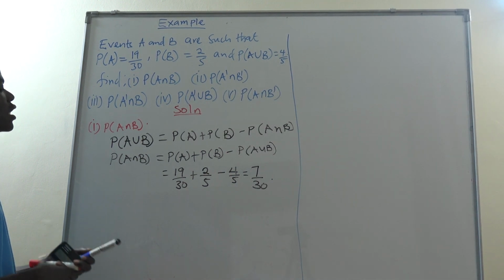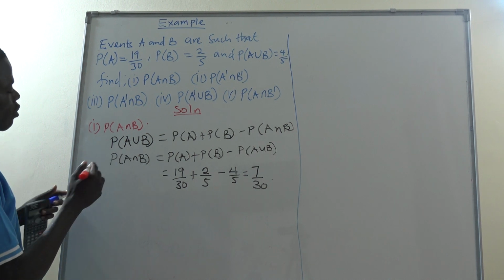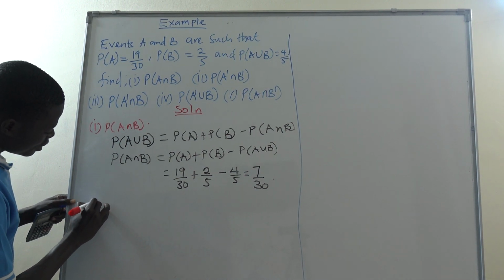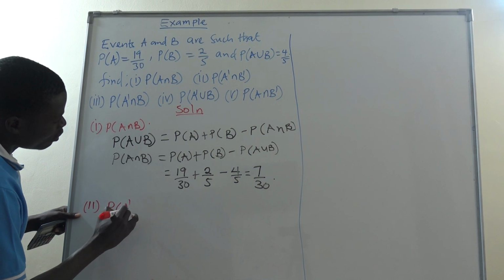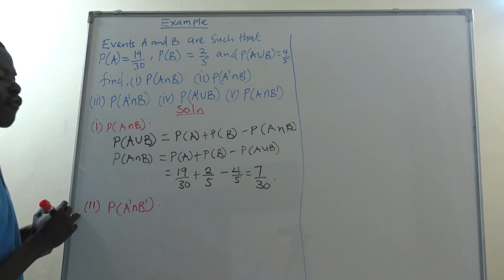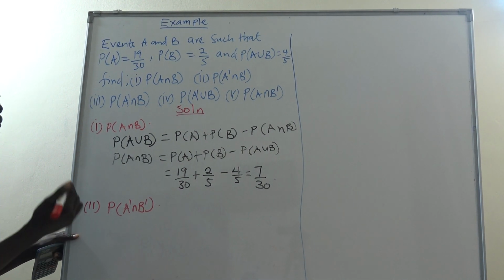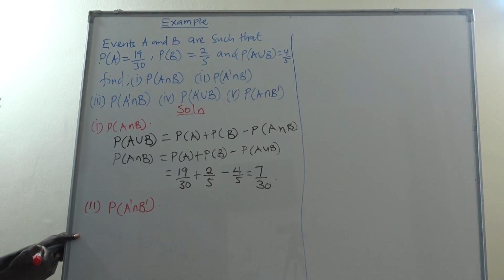Then part 2 of this question is saying, find the probability of A complement intersection B complement. Before you proceed with this question, you need to recall the formula we derived in the previous videos.